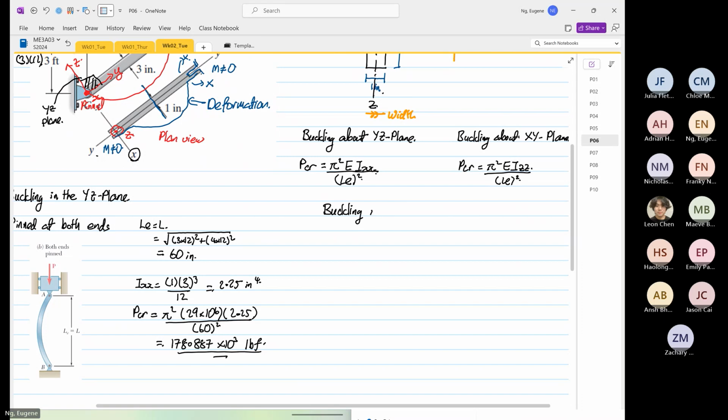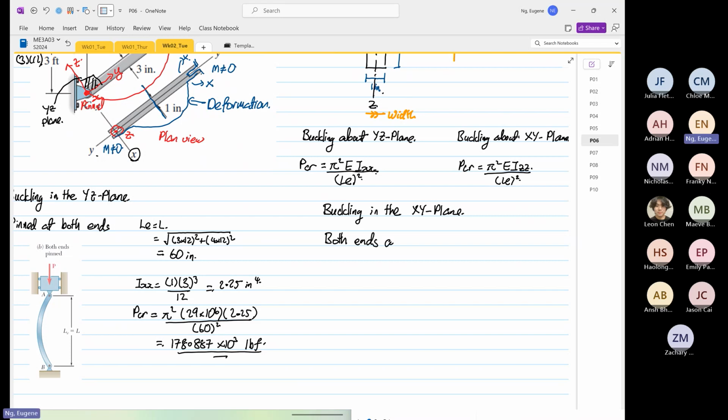in the XY plane, right? We know that both ends are fixed because of the resistance, right?